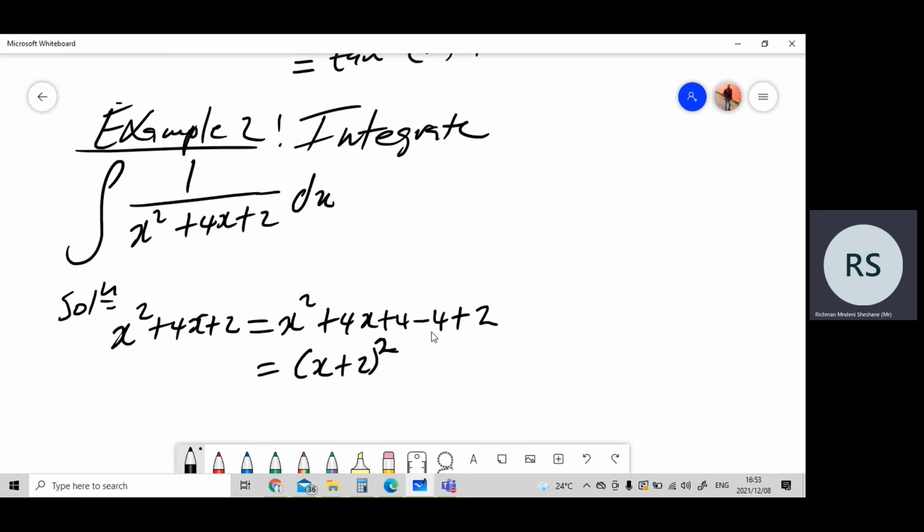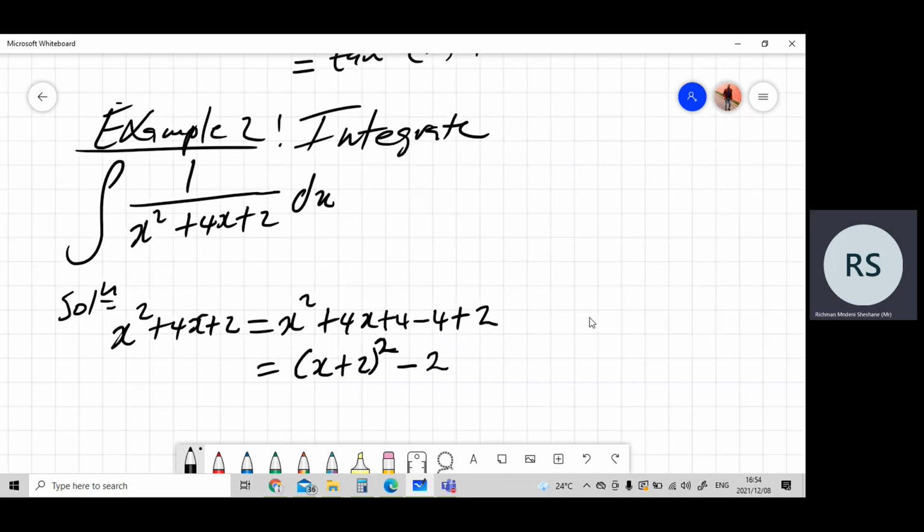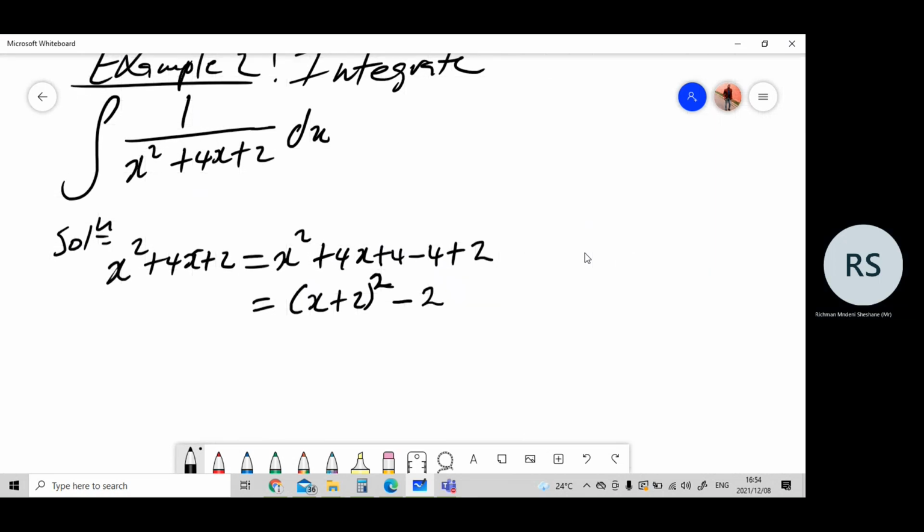And then now you have minus 4 plus 2. What is minus 4 plus 2? Minus 2. So now you see after completing the square, you will have your quadratic expression in terms of 2 terms, okay, which is what we want. And then after you write your expression in terms of 2 terms by completing the square, write each term squared because you still need to choose what is z and what is a.